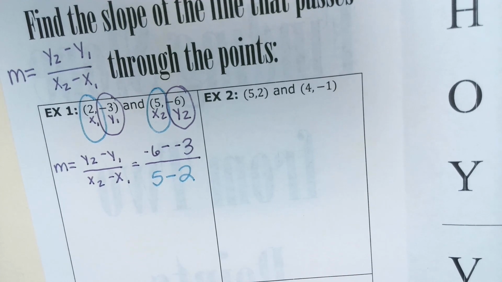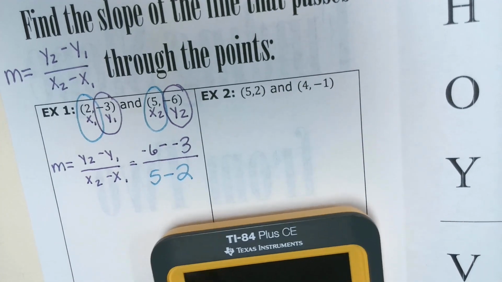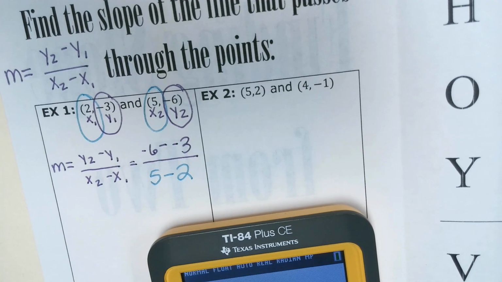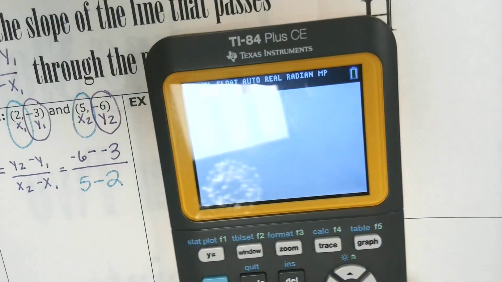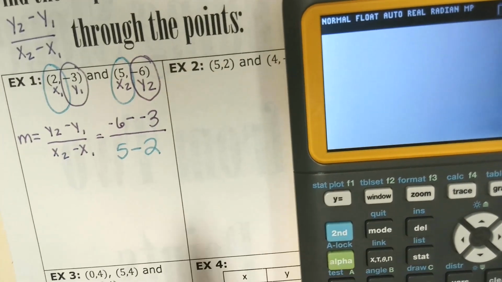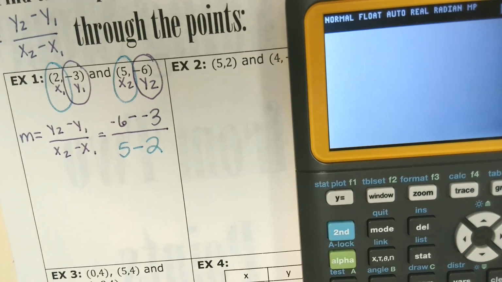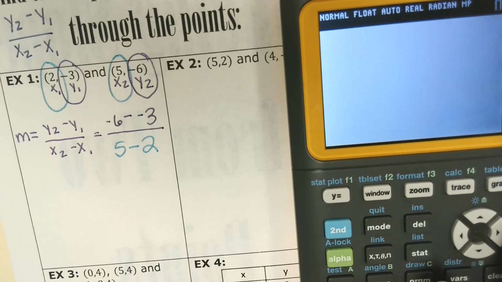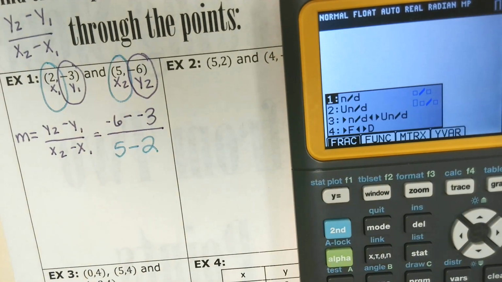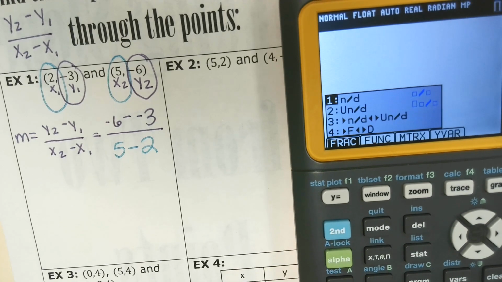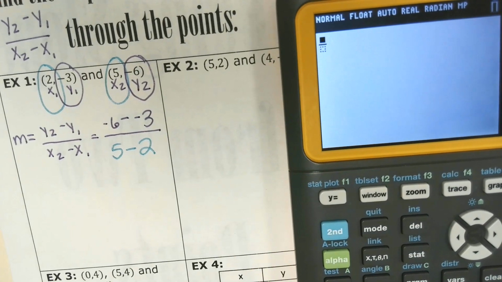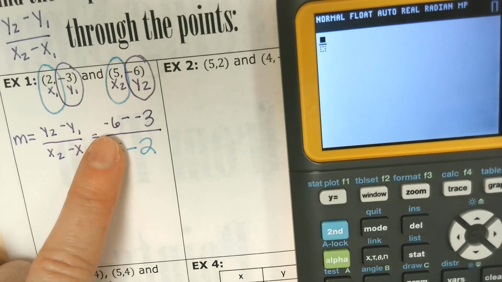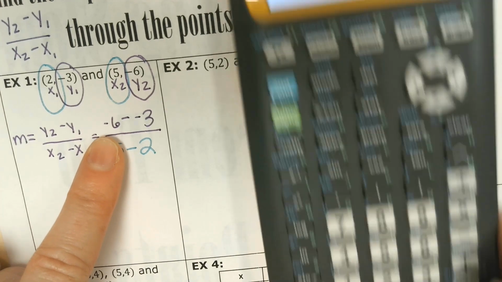Okay, we can do this by hand, but some people get lost in all the negatives. So what we're going to do is put this straight into the calculator just like this. We need a fraction, so do alpha y equals, and pick number 1, n/d. And we're going to put this in. Negative 6, so make sure you use the negative.